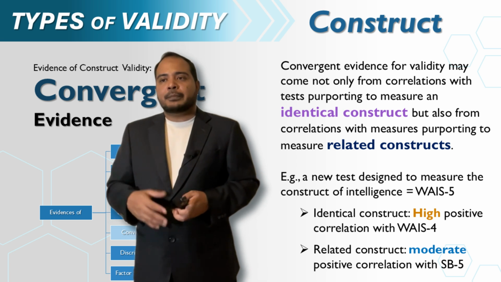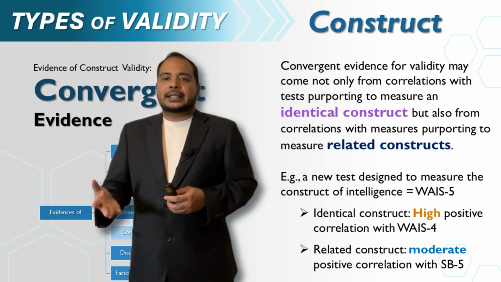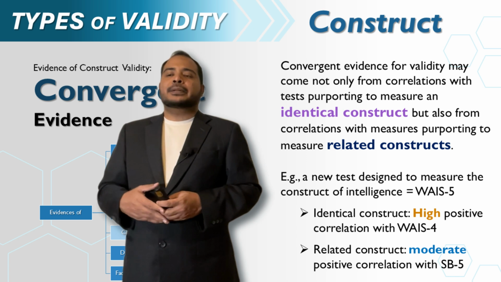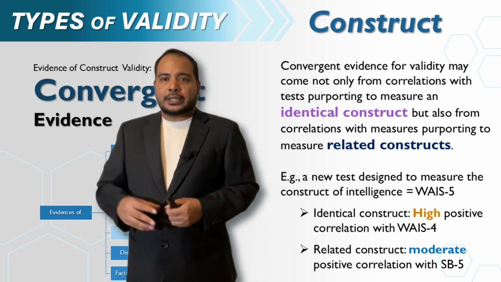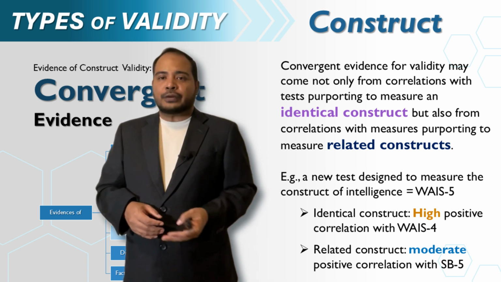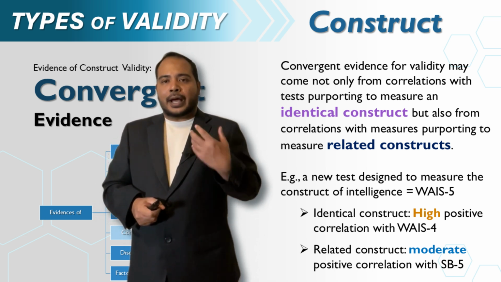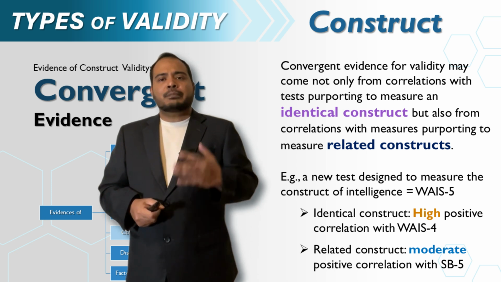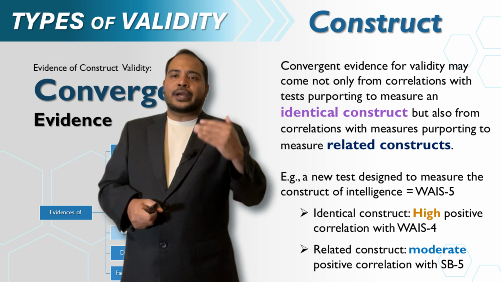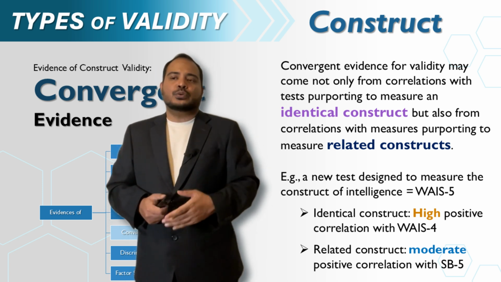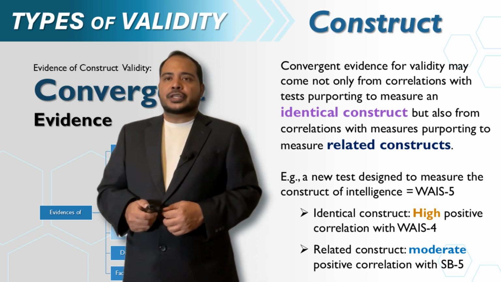At the same time, if we measure a related construct, for example SB5, which measures intelligence but different components, different domains from WAIS-5, in this case we are also expecting a positive correlation, but maybe not as strong as between WAIS-4 and WAIS-5. In between, a moderate to high correlation.